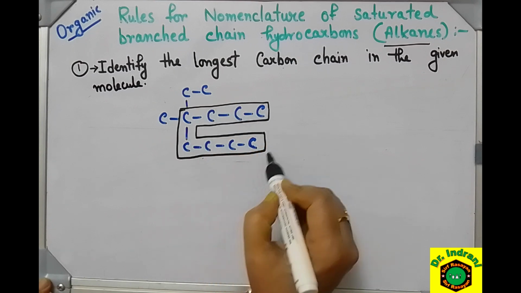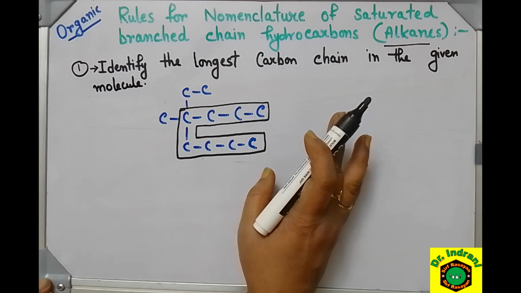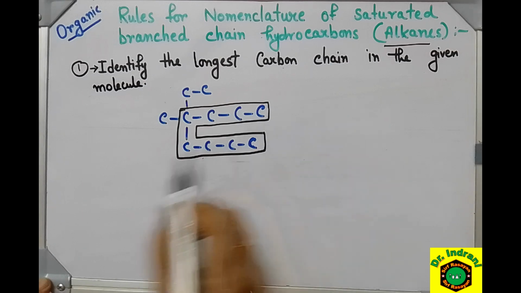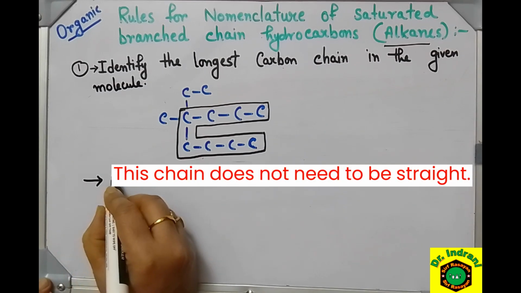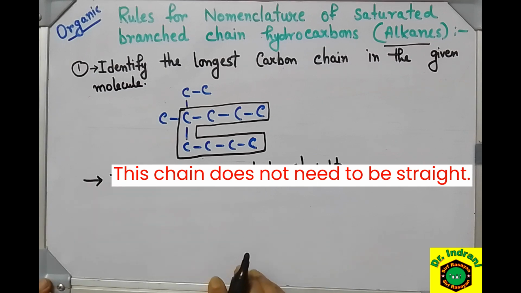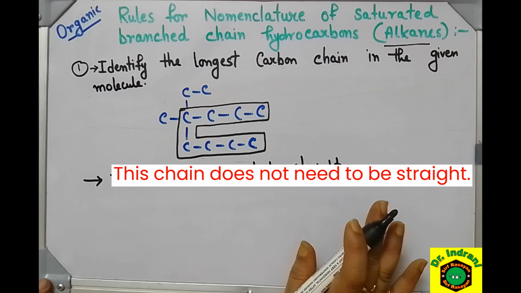So total how many carbons are there? 8 carbon atoms are there in the main chain or parent chain. But it is not straight. So you can note down one point: the main thing is that you have to find out the longest carbon chain.